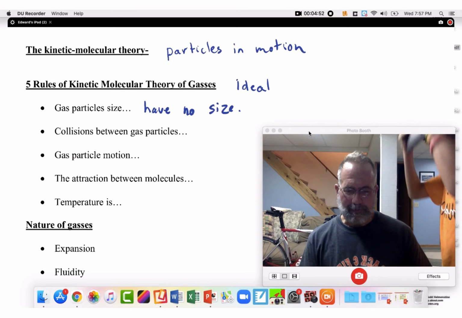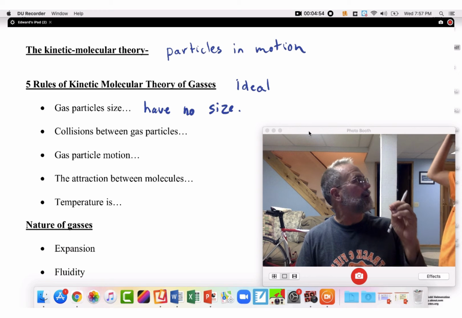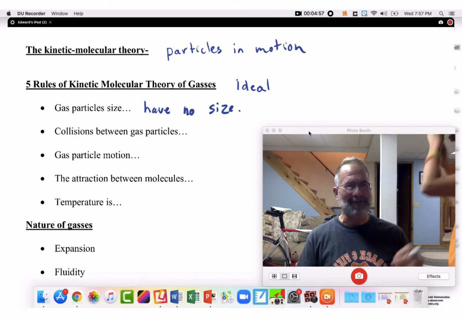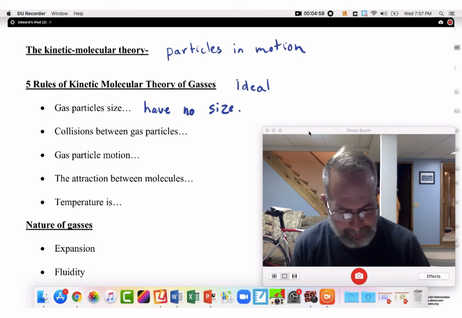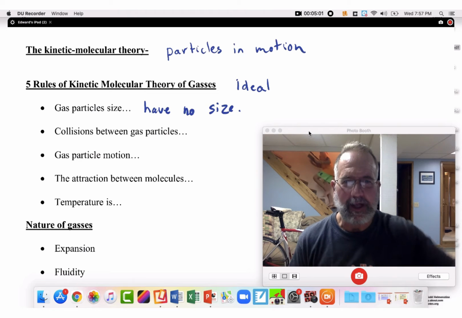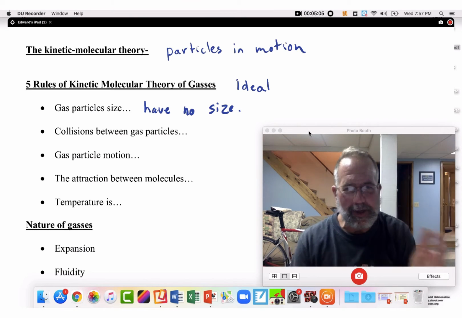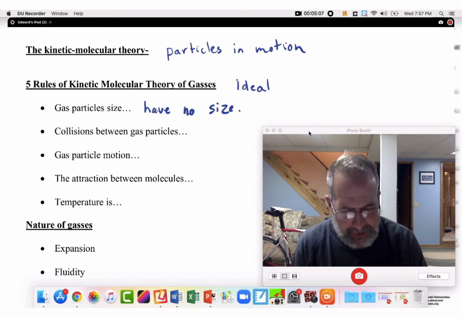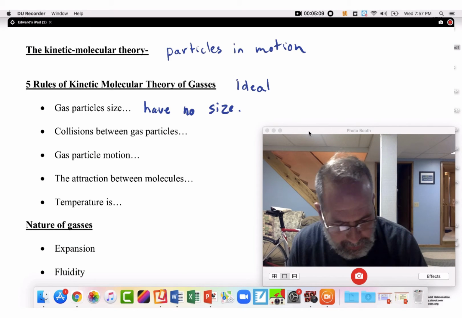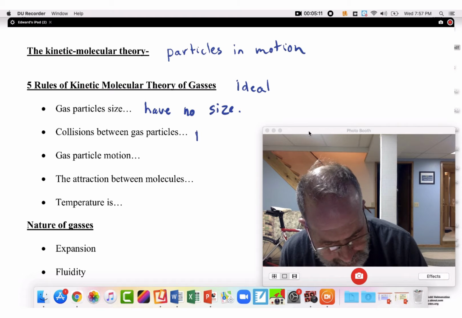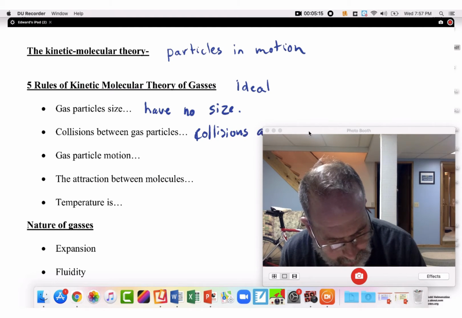Okay, so collisions. When we talk about the collisions of gas particles, like when Franklin hit me in the head with that computer, you could hear it make a sound, right? That was a loss of energy. We're going to say the collisions of gas particles are elastic.